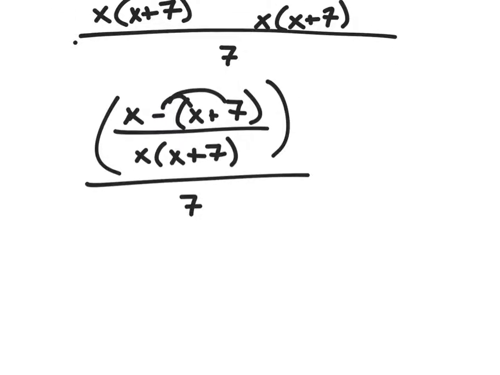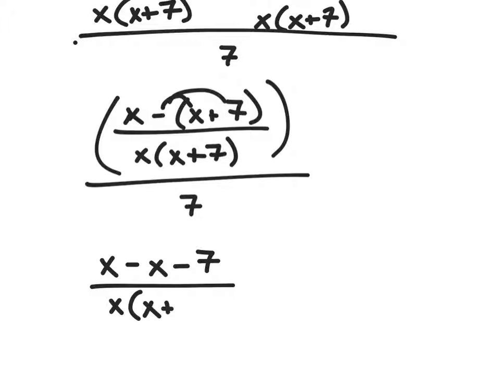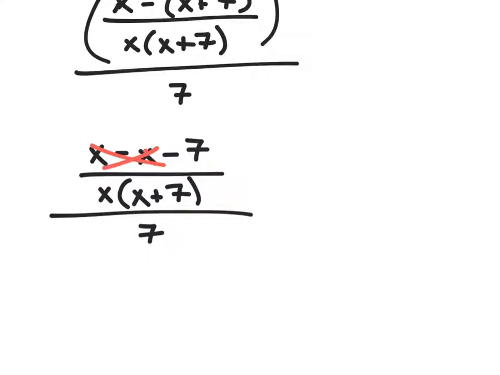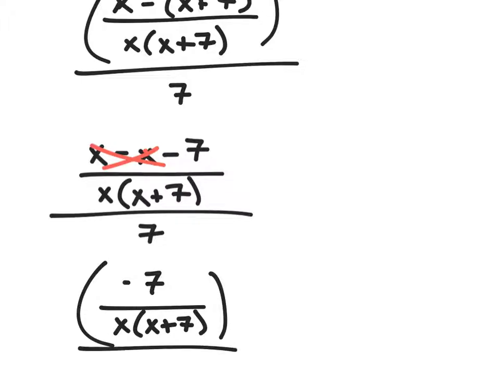So I'm going to get x minus x minus 7 all over x times x plus 7, all divided by 7. Okay, now if I do x minus x, those are going to cancel out to 0. All right, so what you're left with is this. You're left with negative 7 over x times x plus 7. All right, that's your numerator, and then you're dividing that by 7.